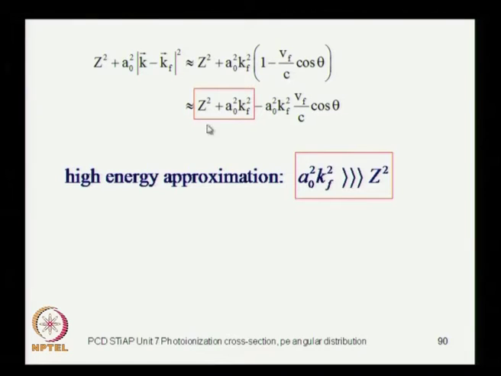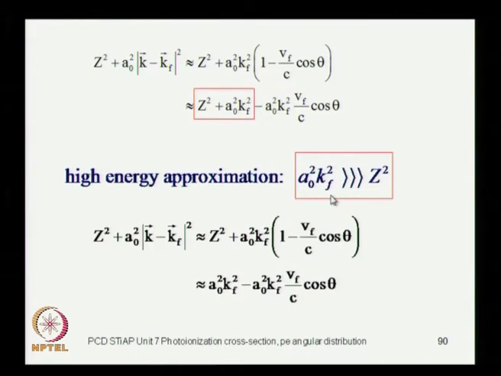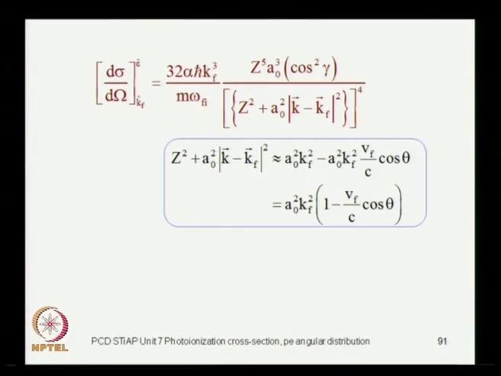So, because this momentum is very high, this term is much larger than z square. So, you can ignore this z square compared to this. This is the high energy approximation that we are working with, this is the Born approximation, and within this approximation this left hand side is nearly equal to this right hand side, but this right hand side out of the 3 terms, the first one drops out and you have the remaining 2 terms which you can use in your expression for the differential cross section.